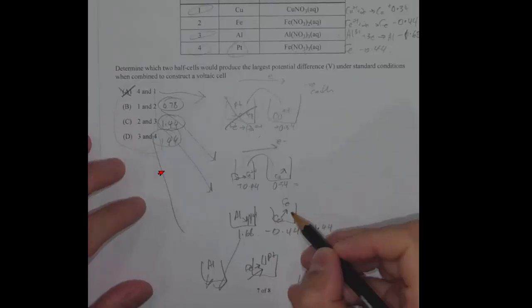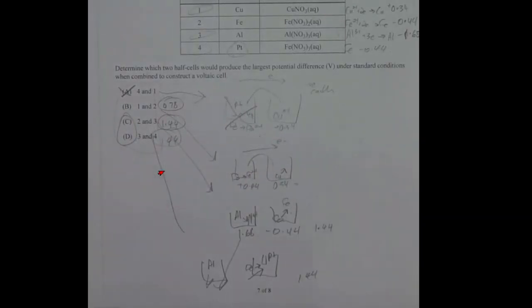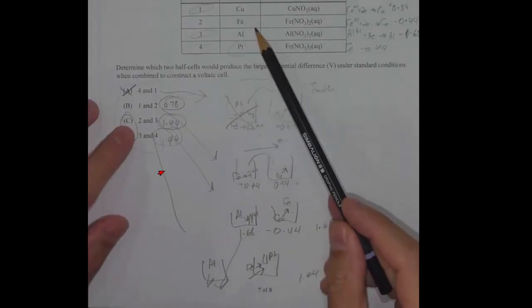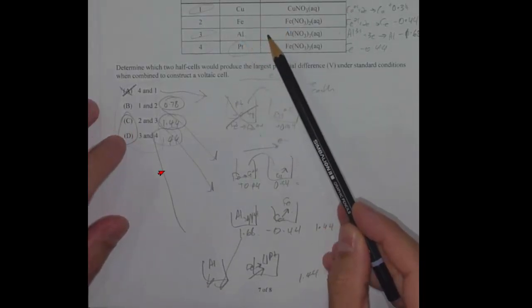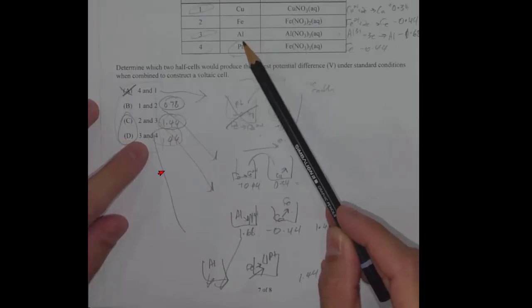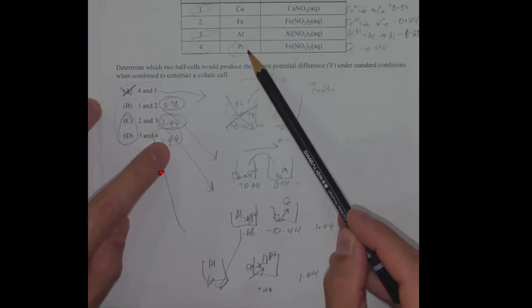And so C and D look like they're the same to me, and I couldn't tell you the difference. I made a mistake. Iron, aluminium versus iron and a platinum, aluminium.